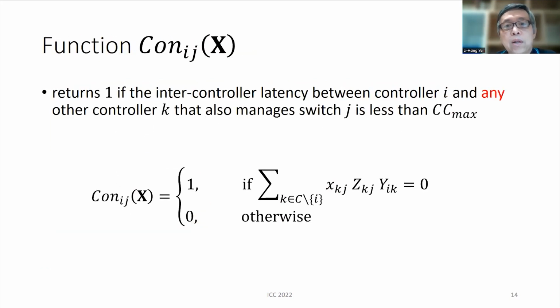The inter-controller latency is denoted by CONij. It's 1 if no other controller that manages the same switch j as controller i has a latency that is larger than the constraint.